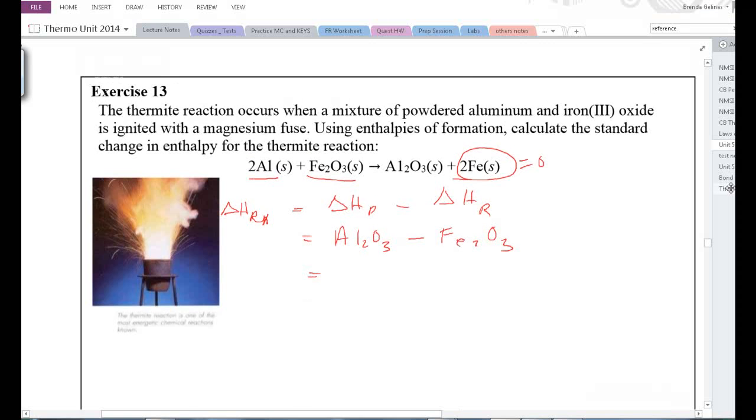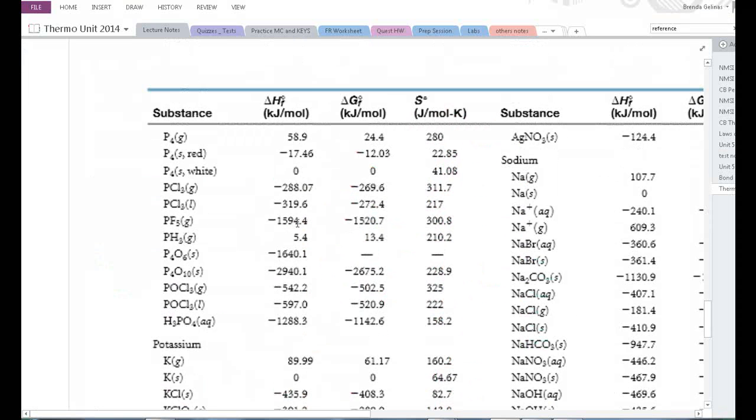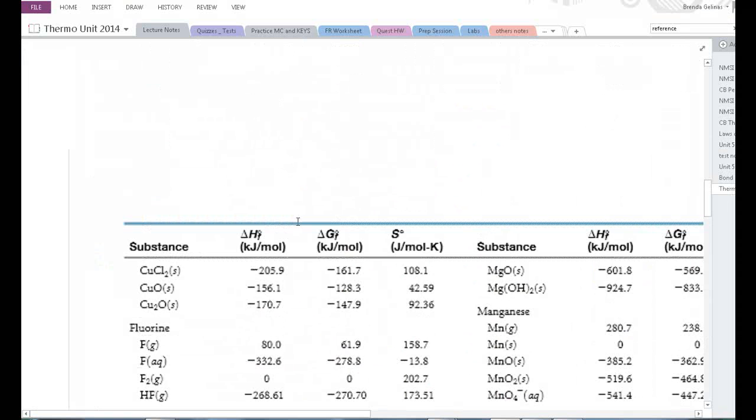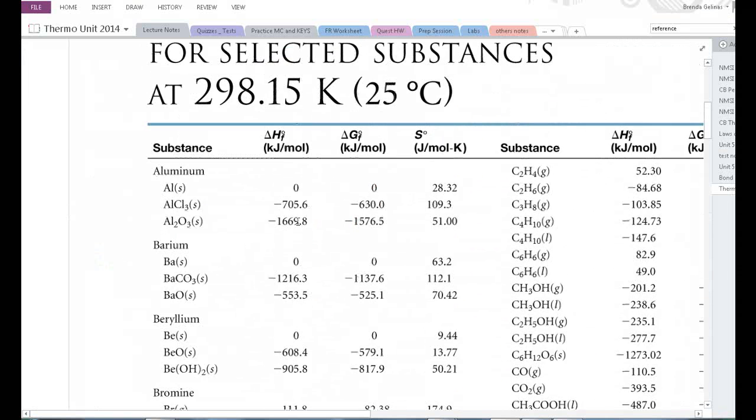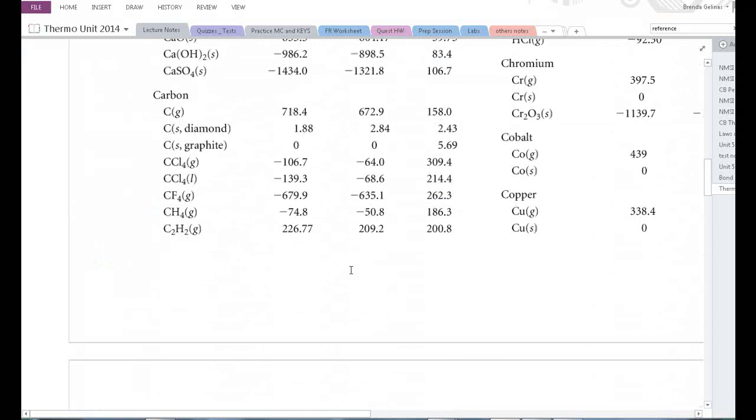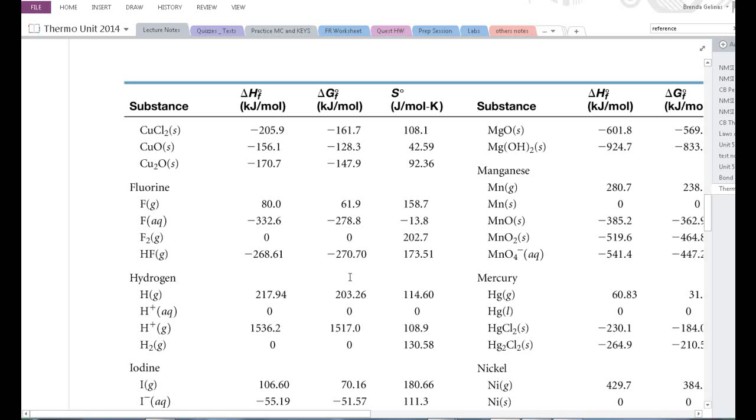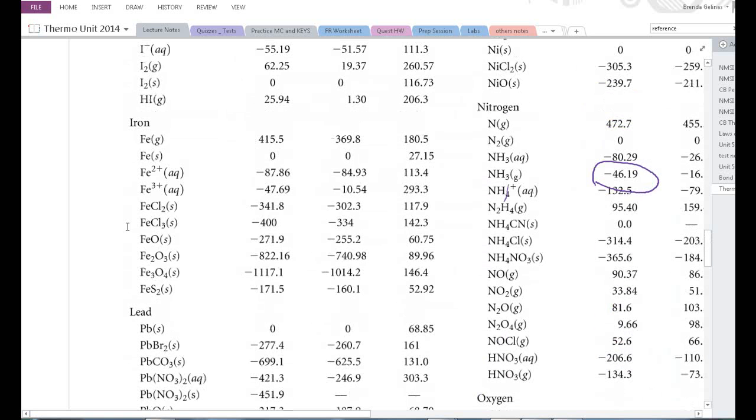And when I do that, Al2O3, let's find that on here. Al2O3 is minus 1669.8 kilojoules per mole. And I'm just going to look up Fe2O3 while I'm here. Fe2O3 as a solid is minus 822.16 kilojoules.